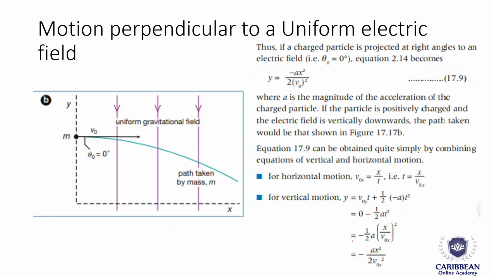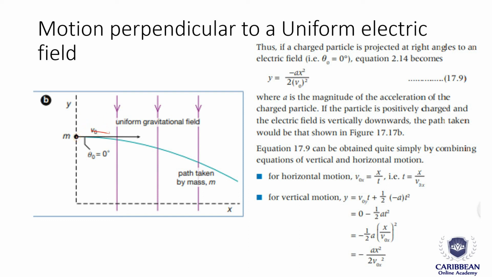Now, we move on to another aspect of electric fields. What we understand is that whenever a charge is placed perpendicular to an electric field, it will have some type of projectile motion, so to speak. From unit 1, there are certain things we can recall about projectile motion.